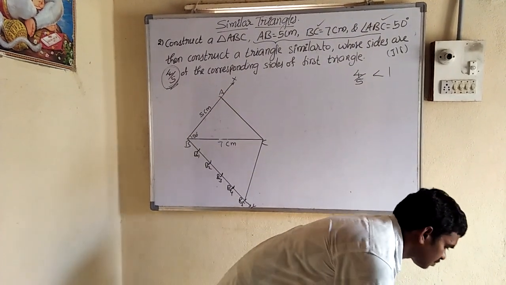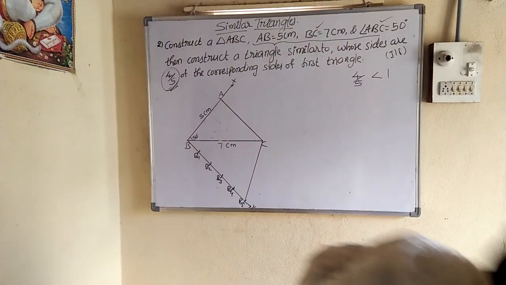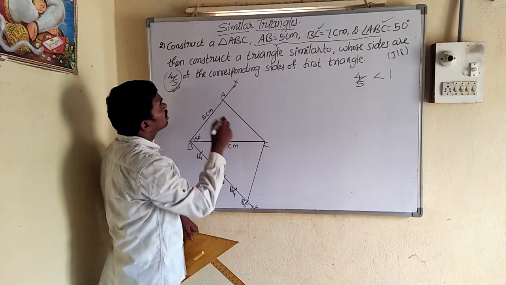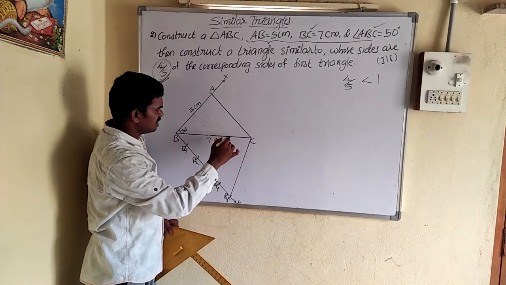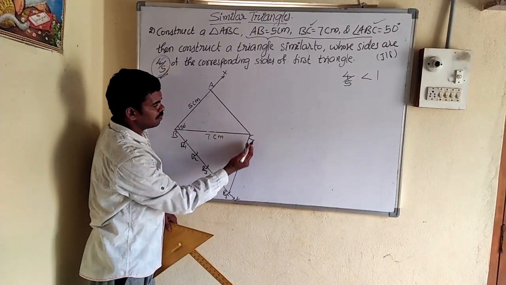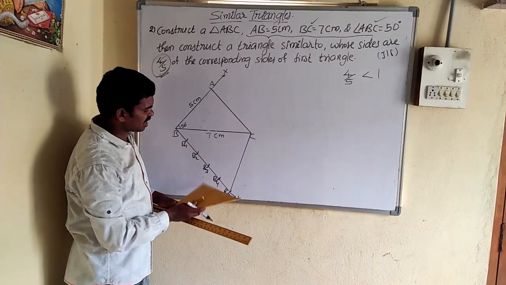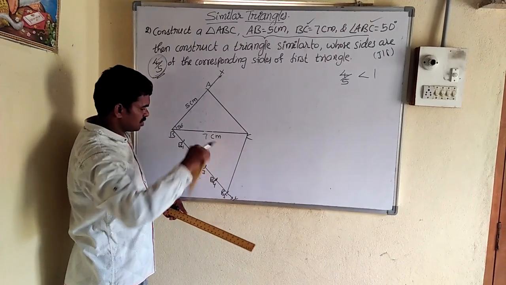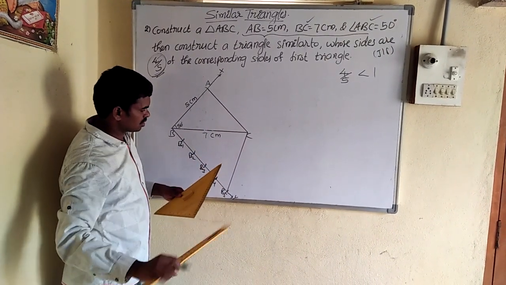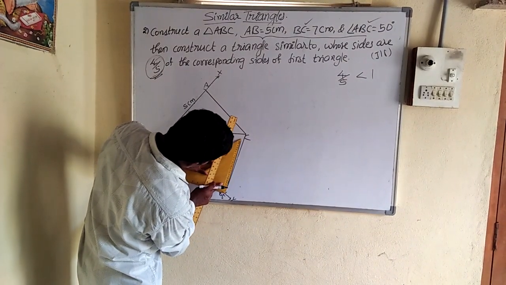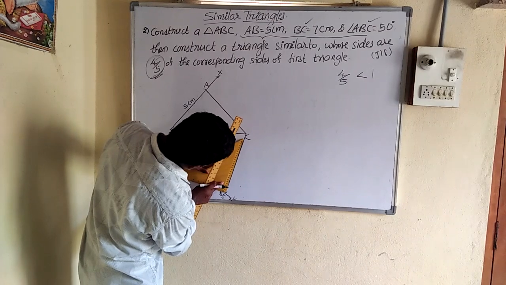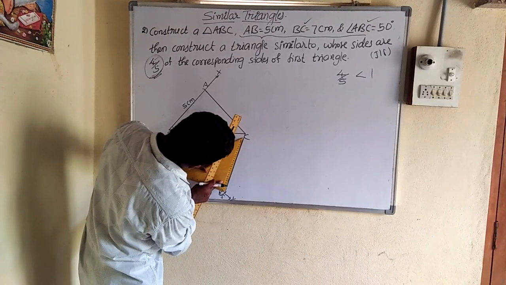And next, 4 is there. So from B4 join a line. It should be parallel to B5C. So how can we draw? This is B5C.